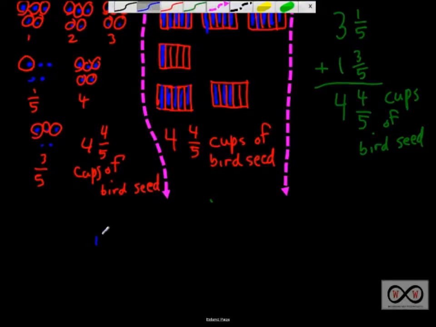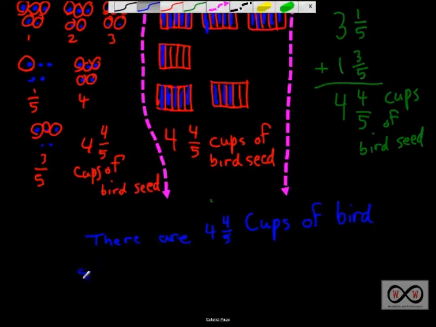There are 4 4/5 cups of birdseed in the feeder.